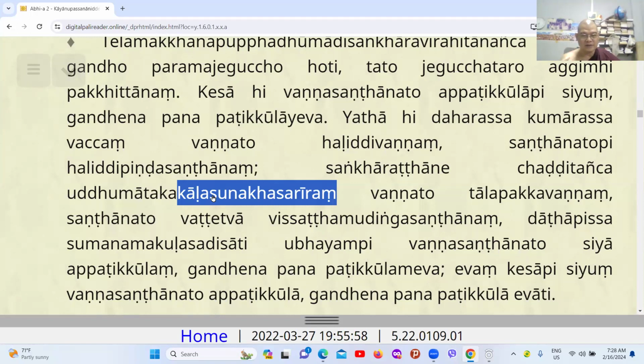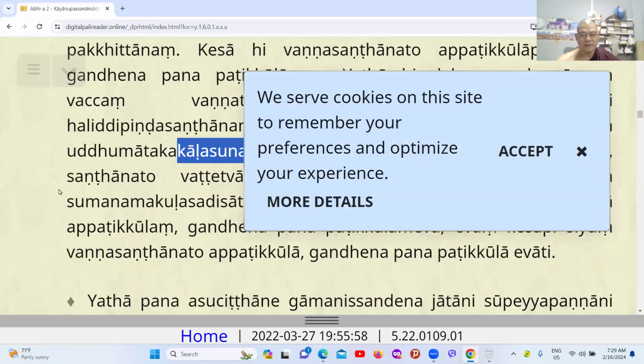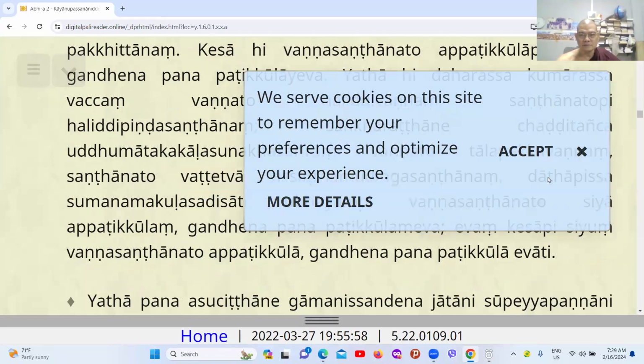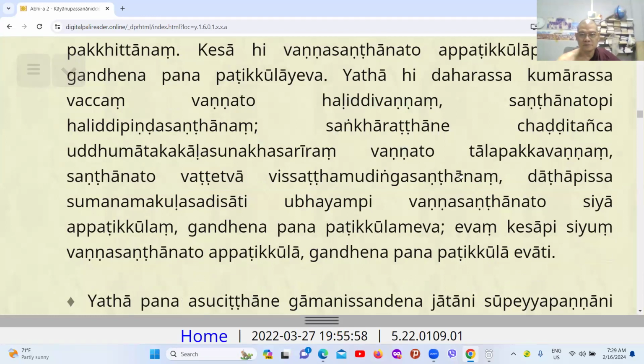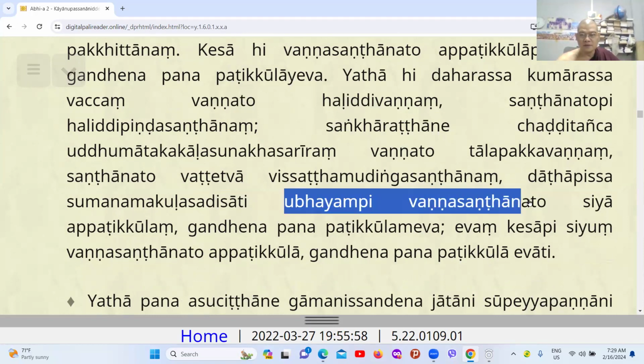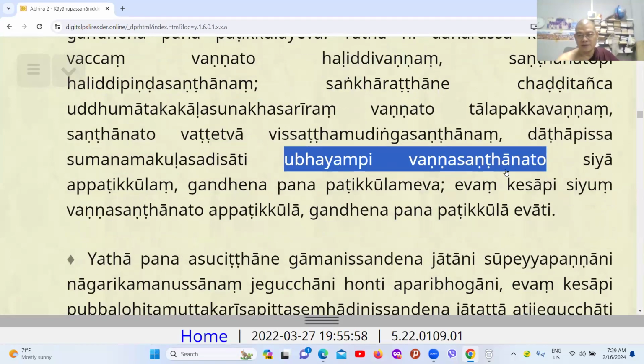So if you look at the dead body, you just see the color and the form of the dead body.